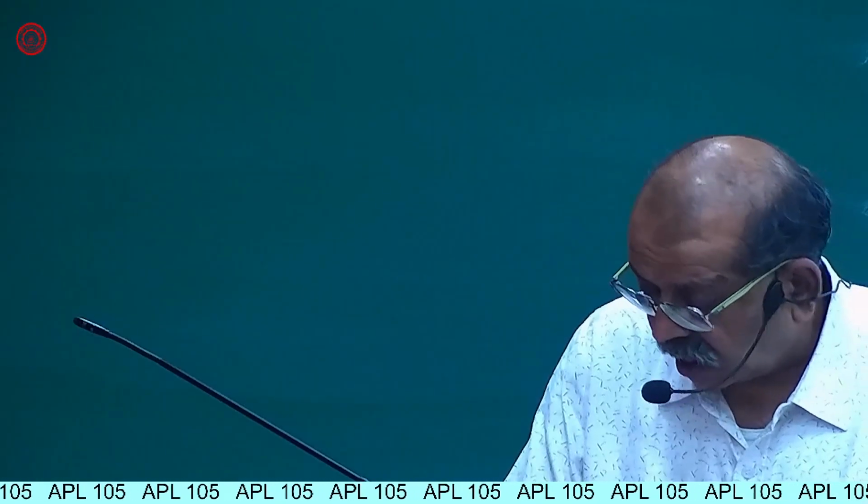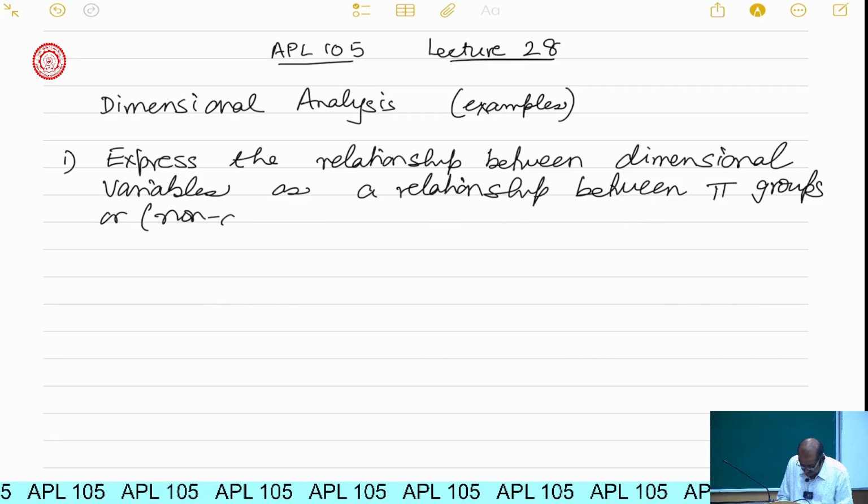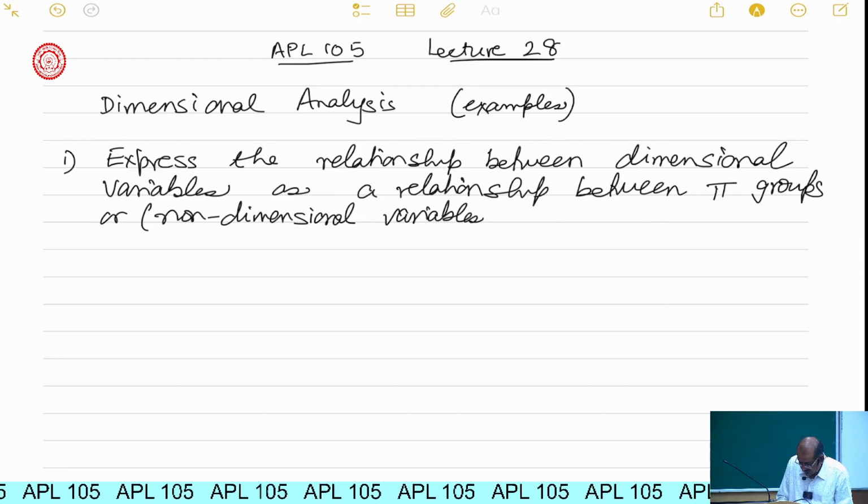One is to express the relationship between dimensional variables as... So some of the problems will be only of this type.